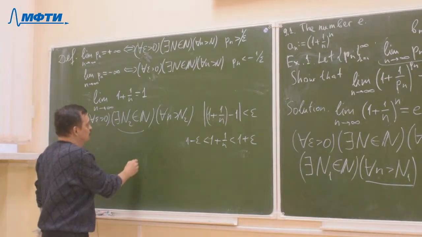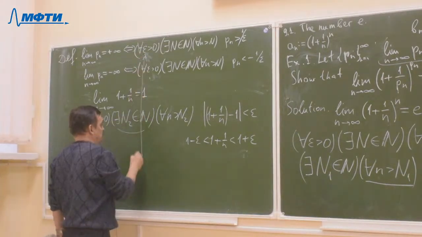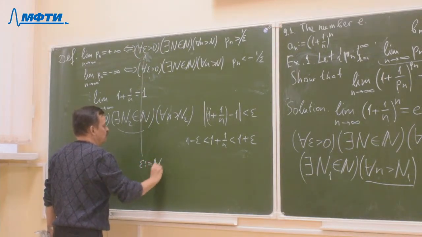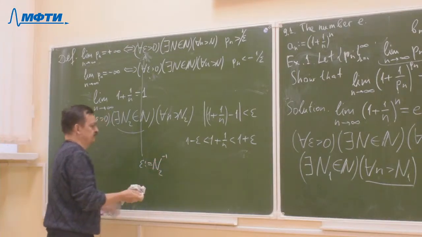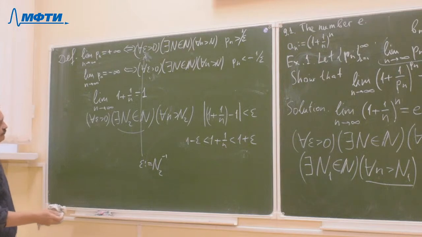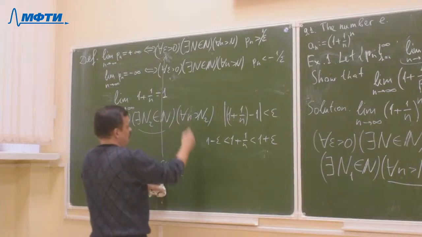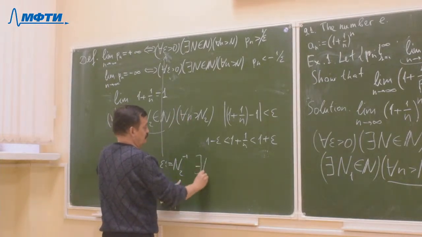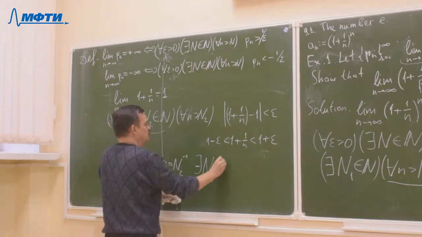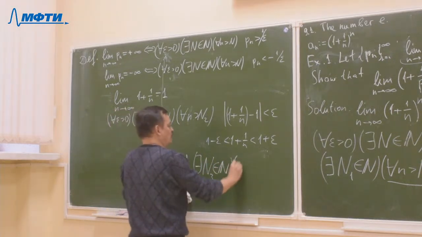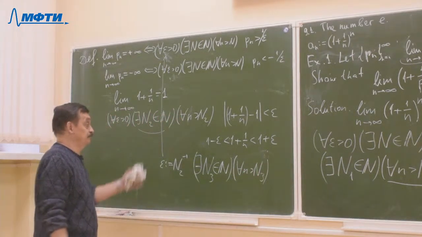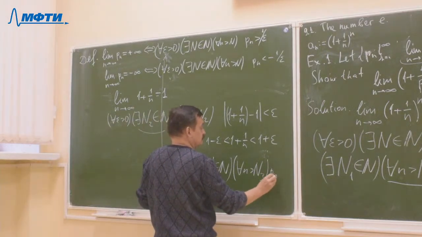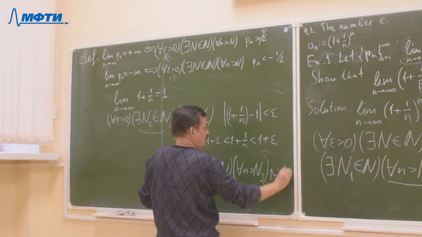So now I'll put here epsilon equals N2. Then there exists N3 natural such that for all n greater than N3 we have Pn greater than N2.